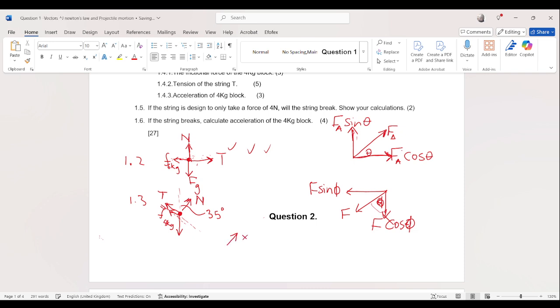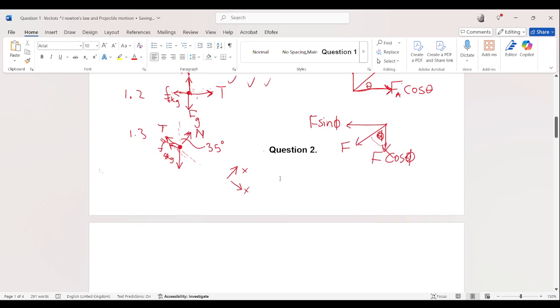This is positive, and that is positive. Now, we can call this direction the perpendicular direction, and this one the parallel direction, which is parallel to the incline. Okay, let me solve the forces in the parallel direction.